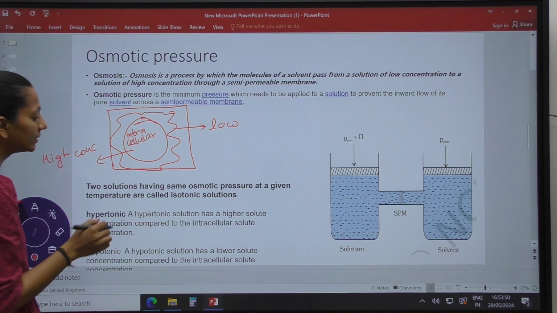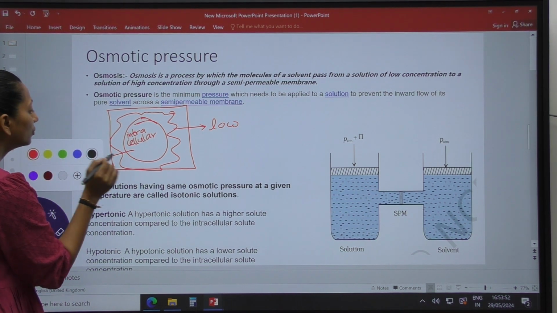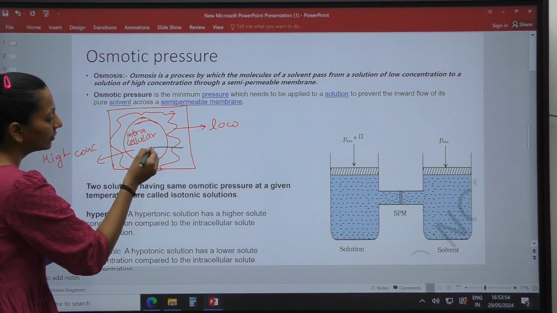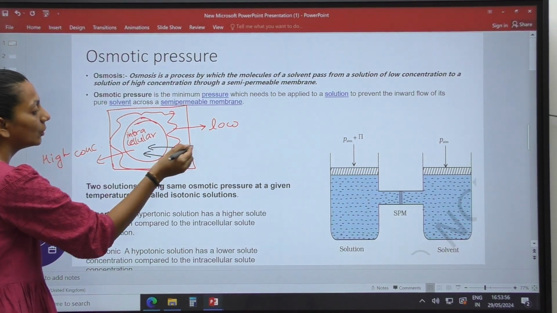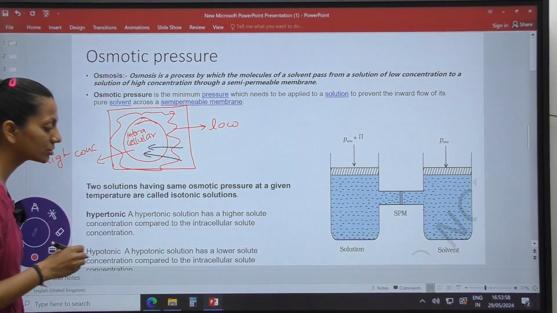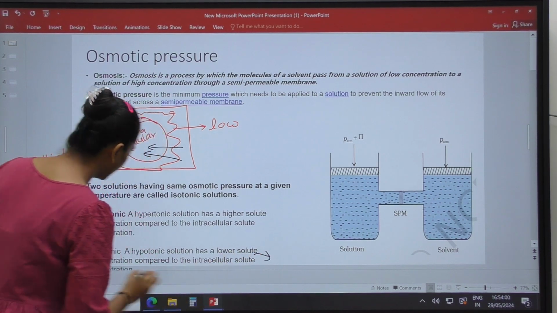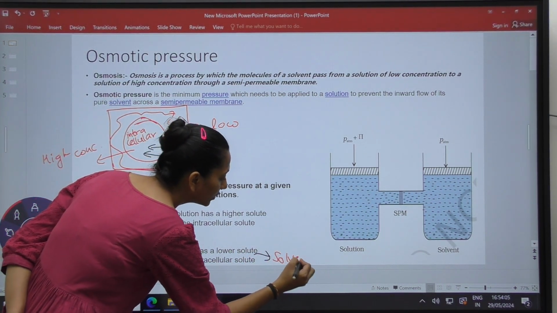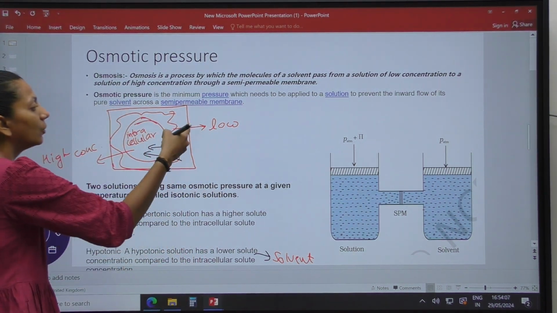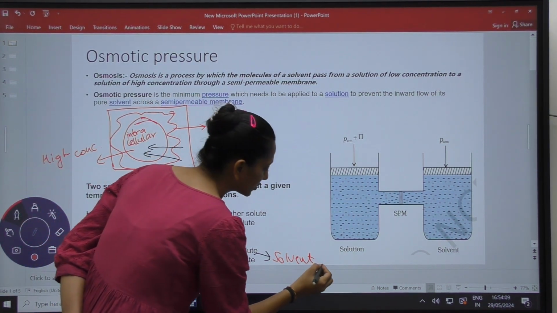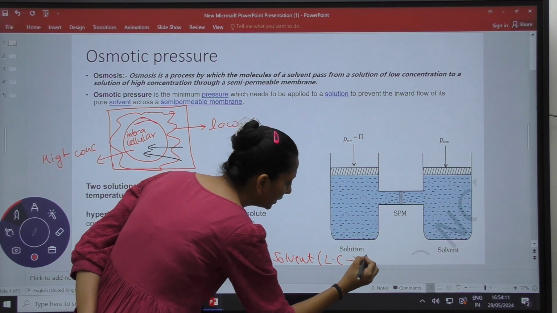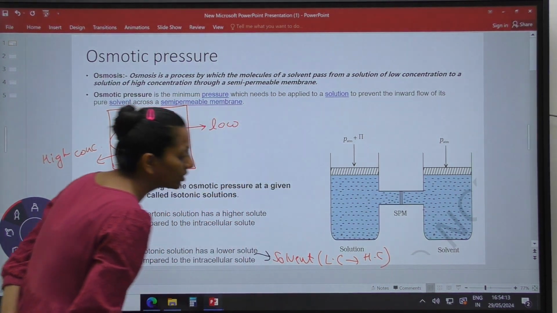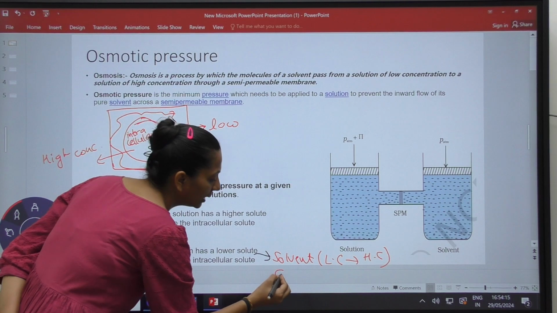So the movement of water, or the solvent molecules, will be from the lower concentration to the higher concentration, and because of which my cell is going to swell up.